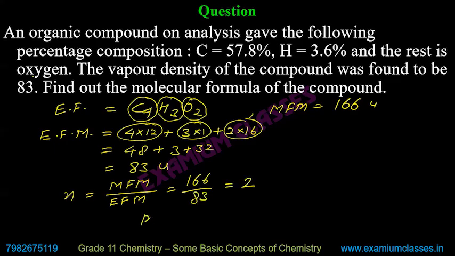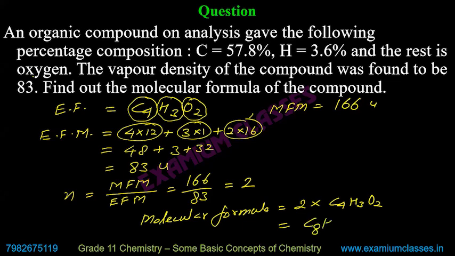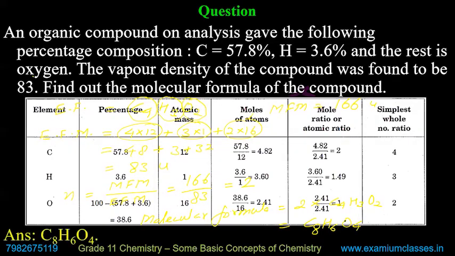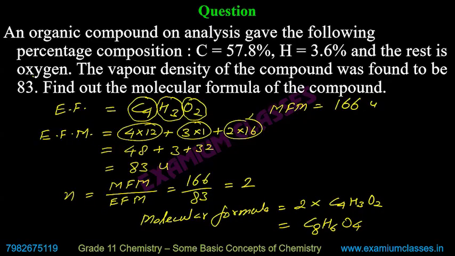It means molecular formula will be 2 times empirical formula, that is C4H3O2. Molecular formula will be C8H6O4 here in this case. Any confusion, let me know. If there is any problem, you were not able to understand any step.